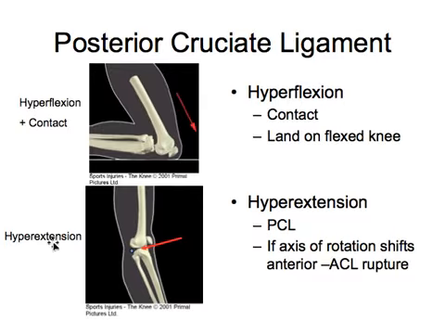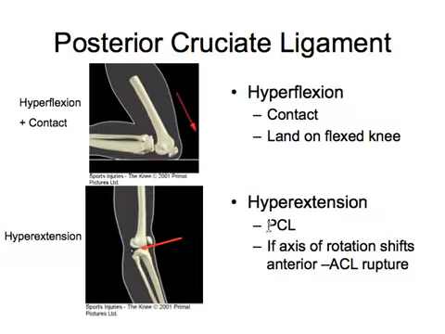Another example is hyperextension. In a hyperextension injury, the axis of rotation shifts to the anterior bony contact as you're hyperextending. As the axis of rotation shifts anterior, the structures posterior to that axis point stretch, and typically that would be the posterior capsule and PCL.